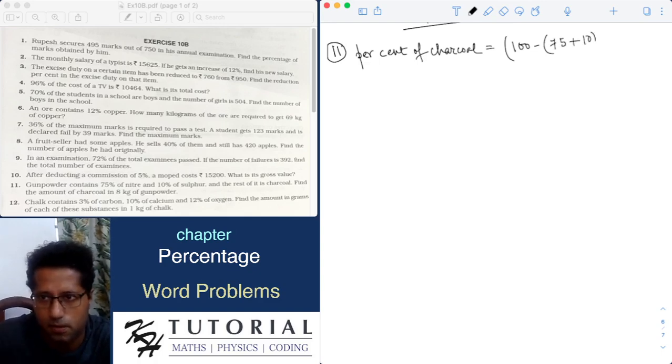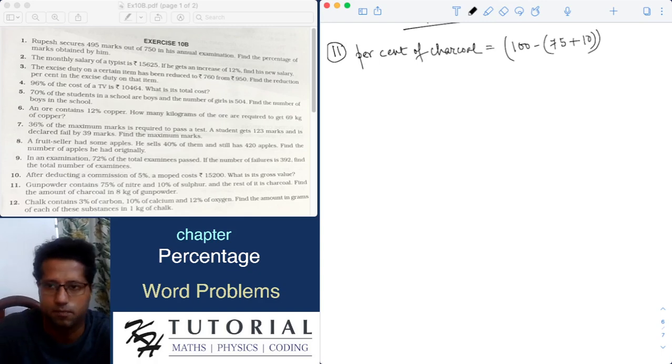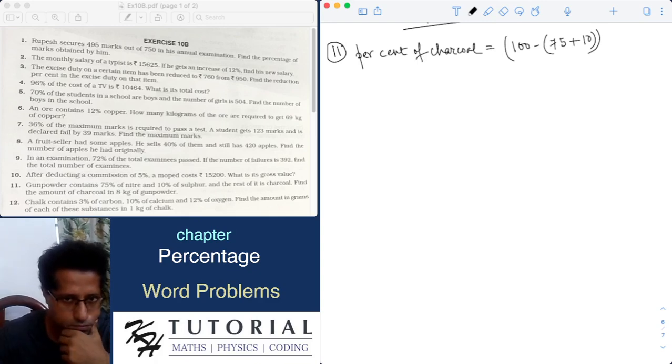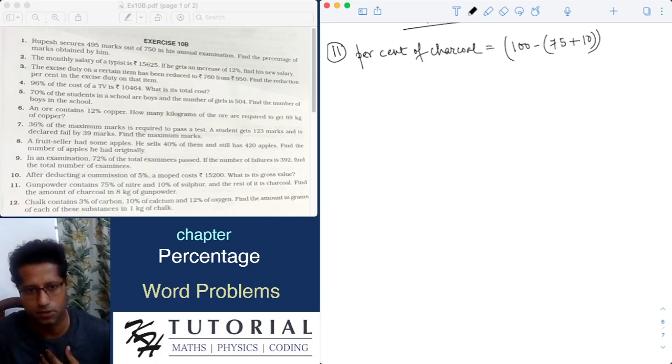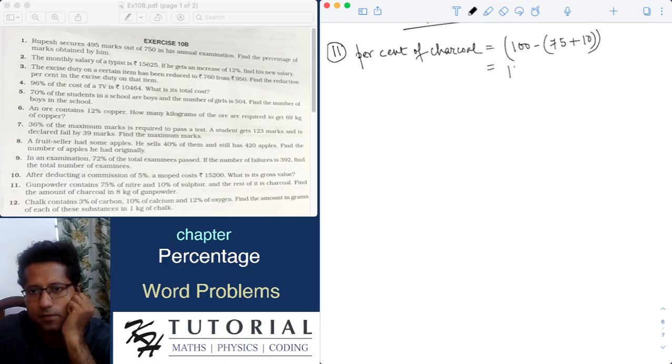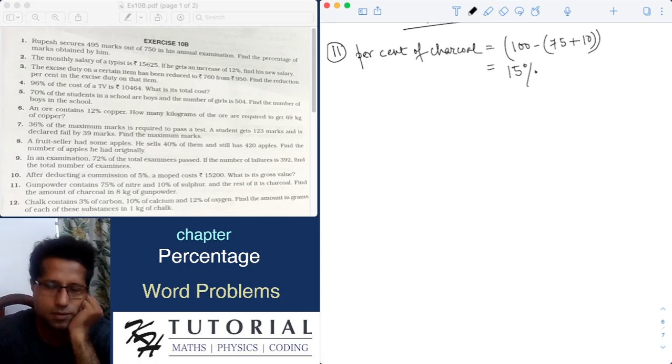The total amount we always assume to be 100%. So from 100 we deduct the percentage of niter and sulfur. So we get 100 minus 85, that is 15. 15% is charcoal in the gunpowder.